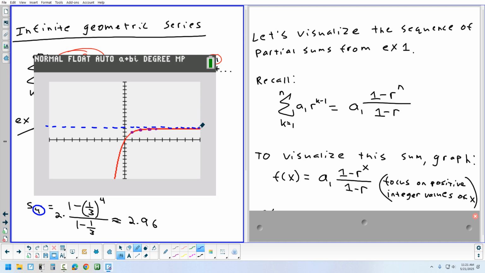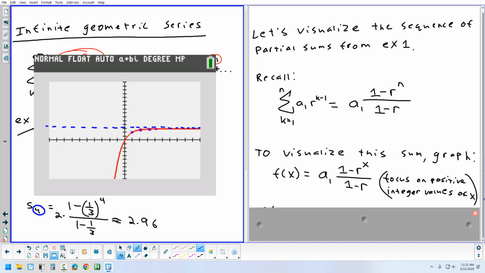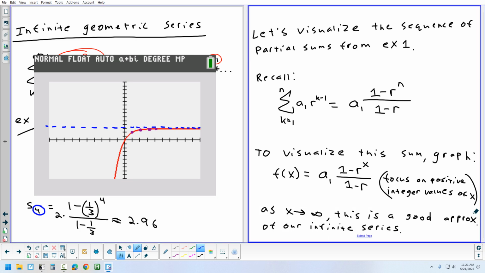So because I found a horizontal asymptote for that graph, the horizontal asymptote is the sum of all the numbers to infinity. Right? That's how you can think about it visually. So technically, you never reach it. But as you head towards infinity, that picture is a good approximation of what's happening.